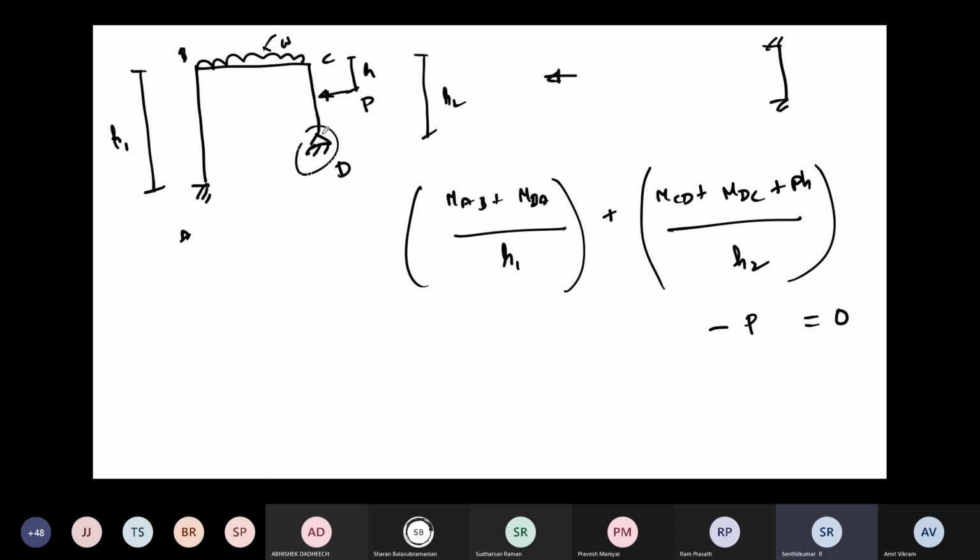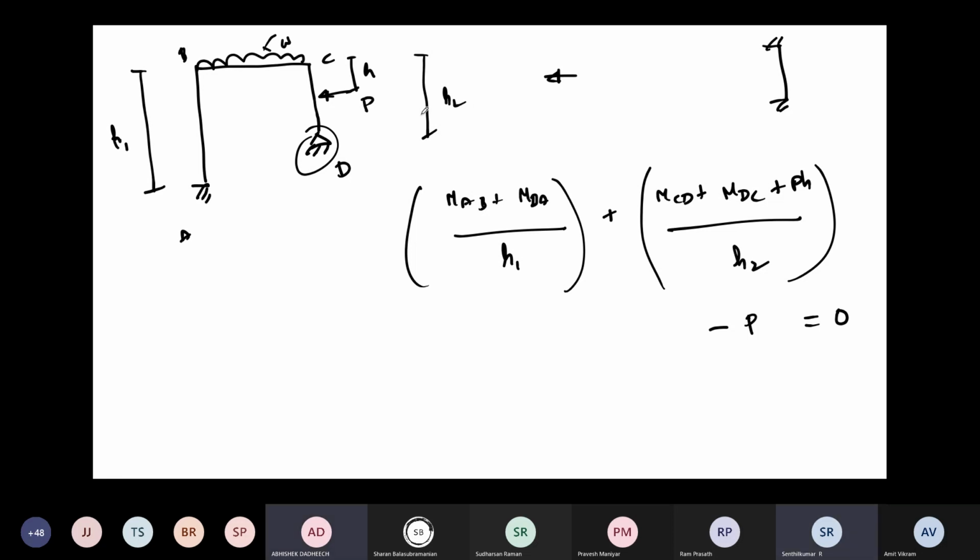Now the thing is, this is a pin support, pin only, right? So what about MDC then? Will you have moment there? I'm asking you people. Will you have moment there, if it is a pin support? Guys, am I audible?